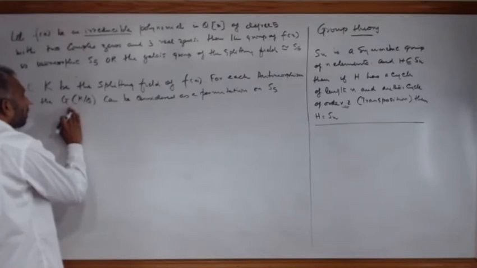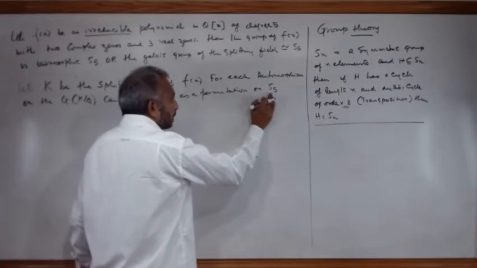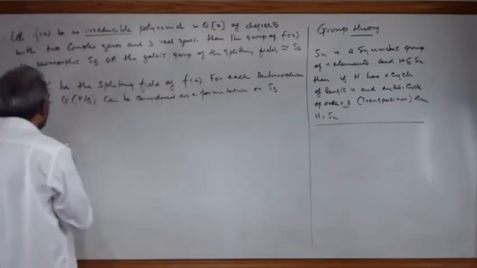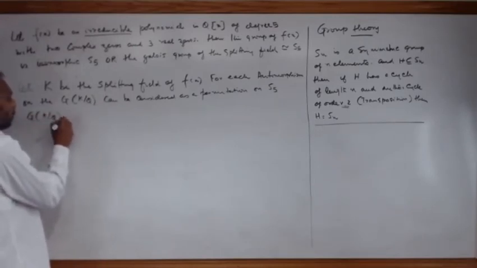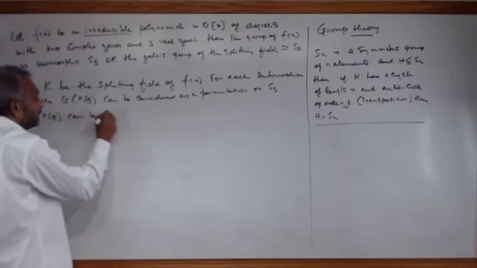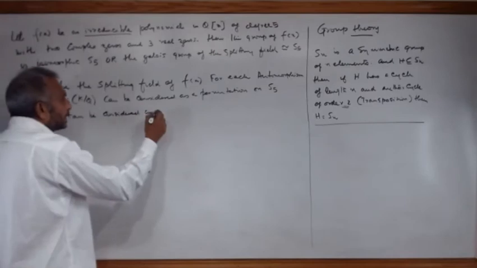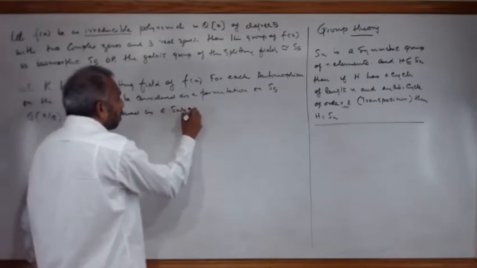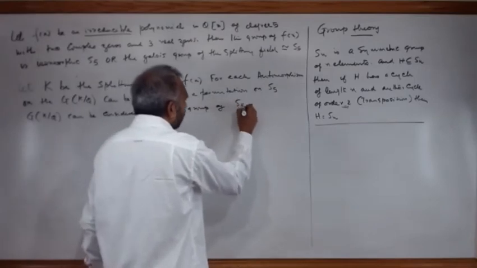Here we have automorphism, on the Galois group, and on S5 we have permutation. So G(K/Q) can be considered as a subgroup of S5.